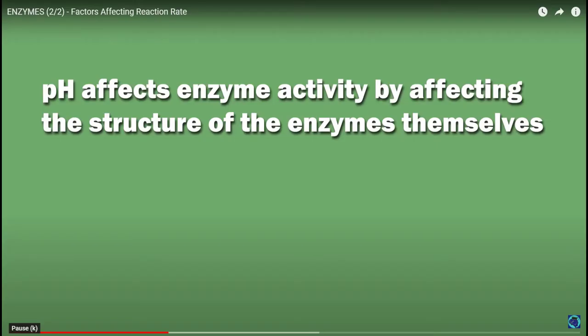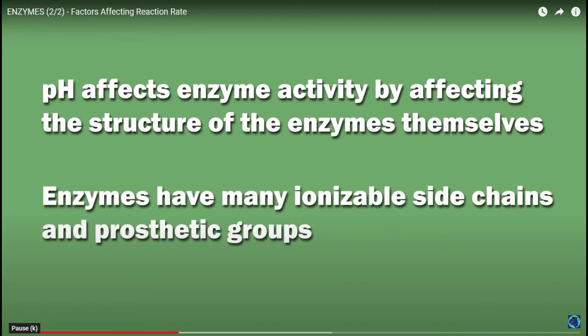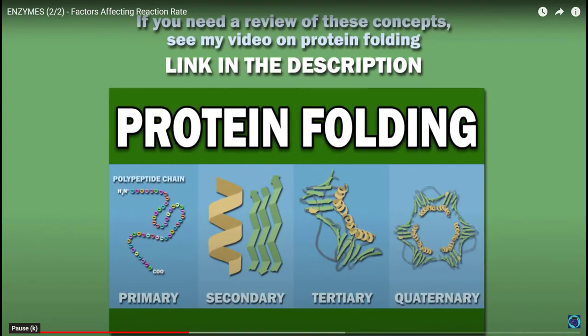pH affects enzyme activity by affecting the structure of the enzymes themselves. Enzymes have many ionizable side chains and prosthetic groups, which affect the intermolecular bonds which hold together their secondary and tertiary structure. Maintaining the correct secondary and tertiary structure is critical for the proper alignment and functioning of the active site.